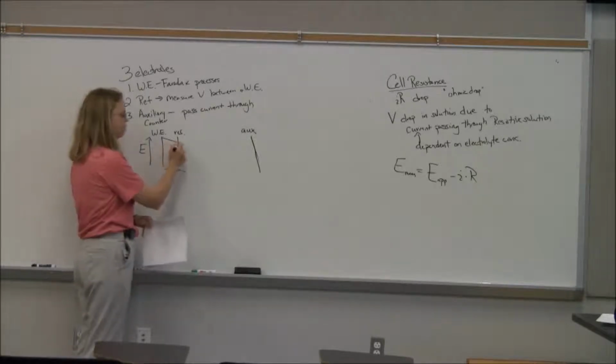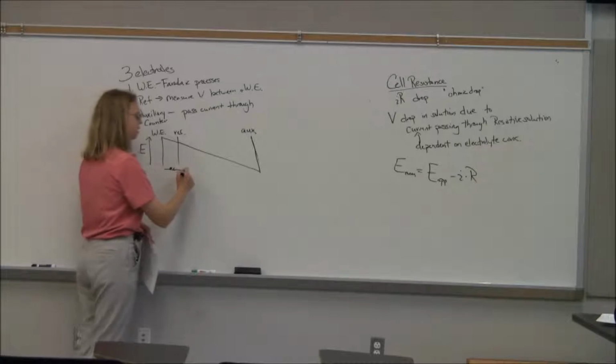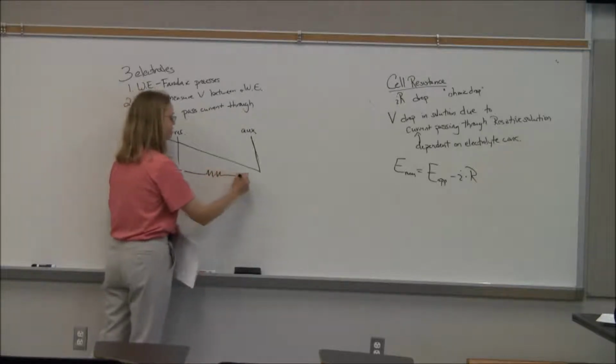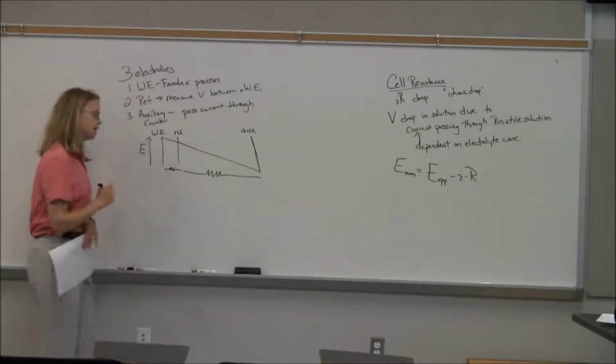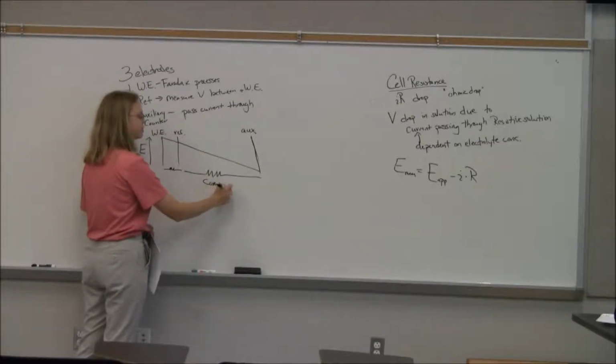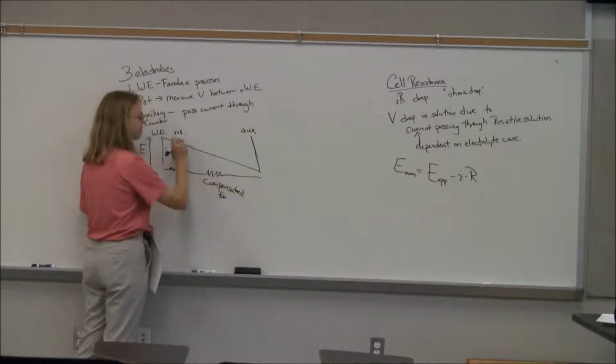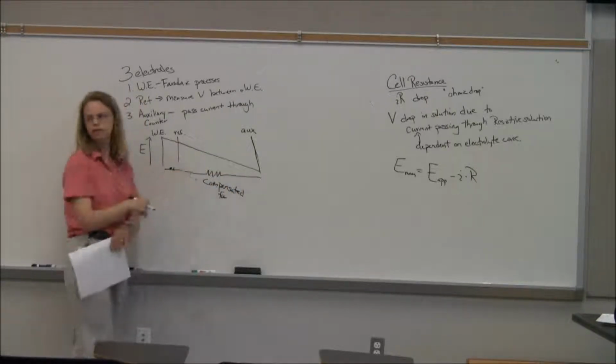And then there'd be more of a drop, because I keep them further apart, between the reference and the auxiliary. But it turns out that your circuit can compensate for this drop.